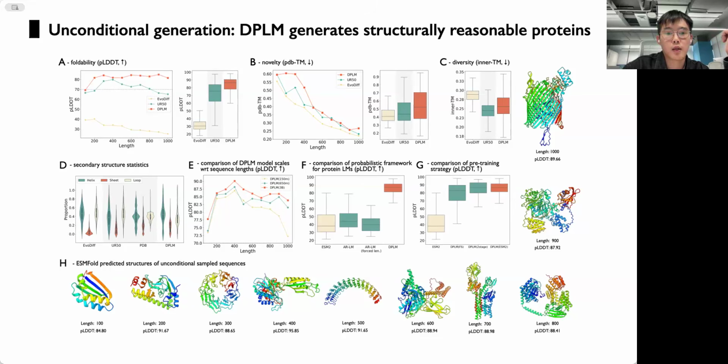Okay. Another question is how about binder generation in the case of protein complexes? We didn't test the case of protein complexes. In our training data, we treat all the protein sequences as monomers, and we didn't explicitly distinguish the different chains.